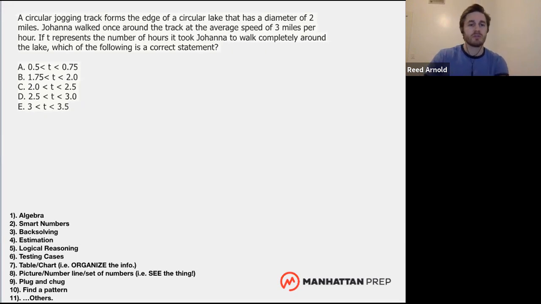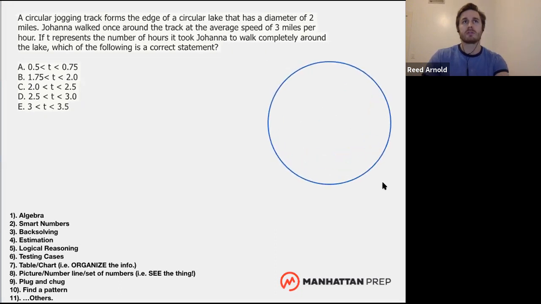JD says some estimation was used, visualize. Yeah, I would say this one is quite clearly a visualization. Anytime there's a shape involved, you're going to want to put it on your paper. Visualize the thing. We have a circular track around the edge of a lake that has a diameter of 2 miles. So we have a 2-mile diameter.